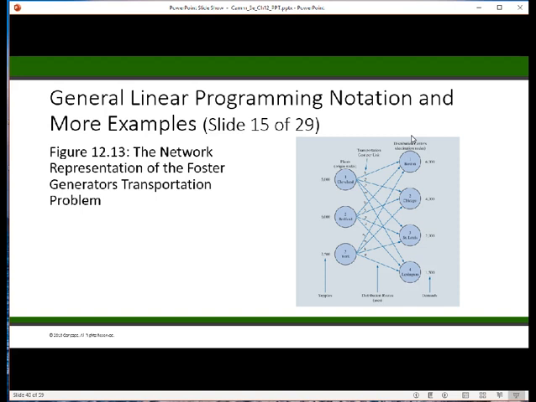The amount of supply is written next to each origin node. The amount of demand is written next to each destination node. The total goods shipped from the origins to the destinations represent the flow in the network. The direction of the flow from origin to destination is indicated by arrows.